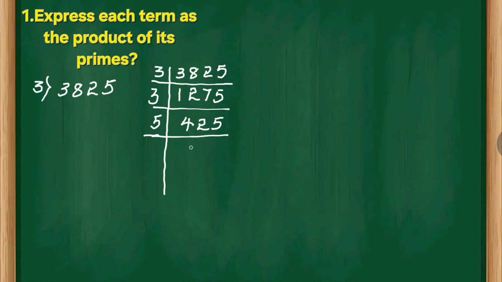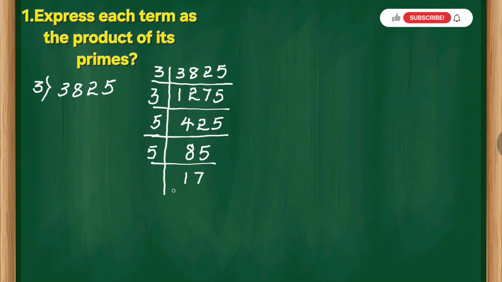So here for dividing we have to use only prime numbers, prime factors. By dividing 425 by 5 we get 85. Next, 85 can also be divided by 5 and we get 17. Then 17 can only be divided by itself. 17 ones are 17.